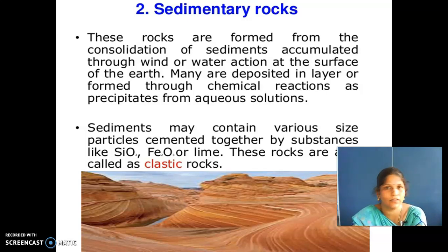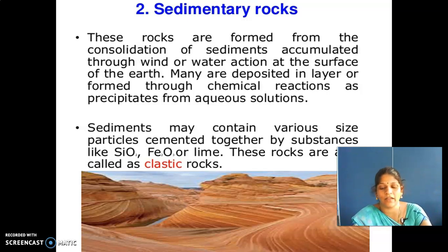Here I'm just giving the examples of how sedimentary rocks are formed. Okay, children, listen. Rocks roll down, crack and hit each other and are broken down into small fragments. These smaller particles are called sediments.